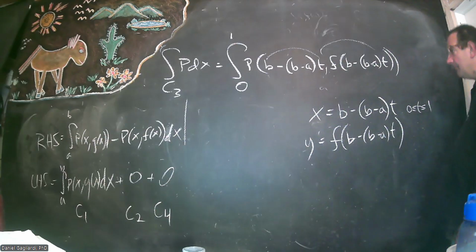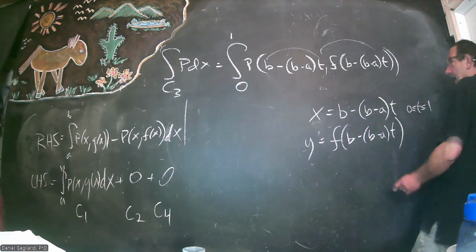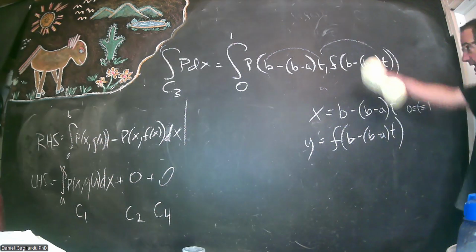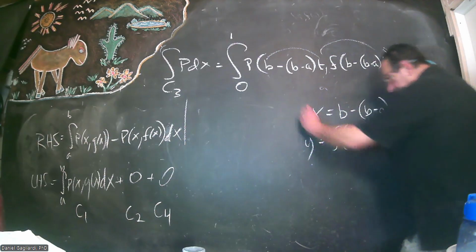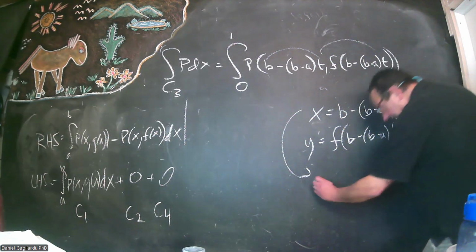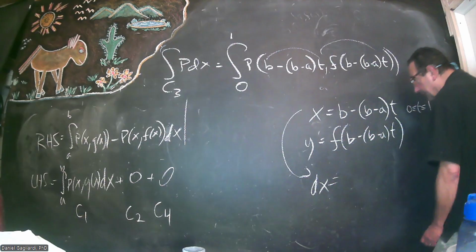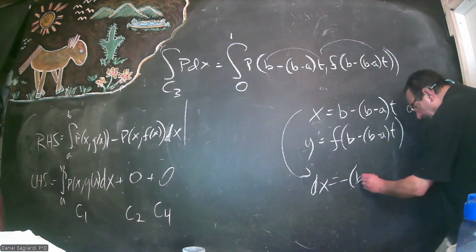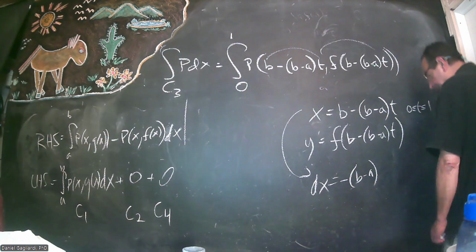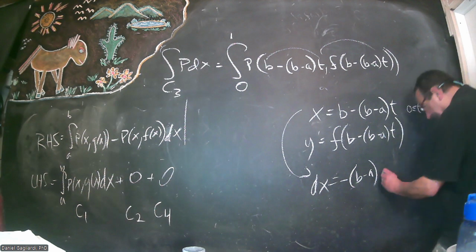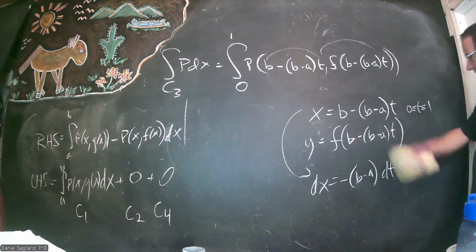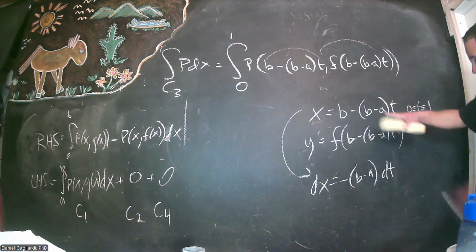Right, and then we have to find out what dx is. Well, if x is given this, then dx is going to be equal to negative b minus a and then dt, because the derivative x prime of t is negative, and this is a constant.